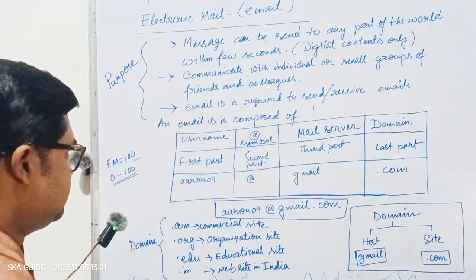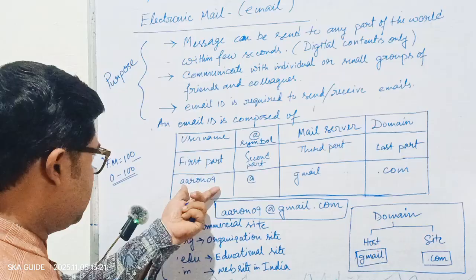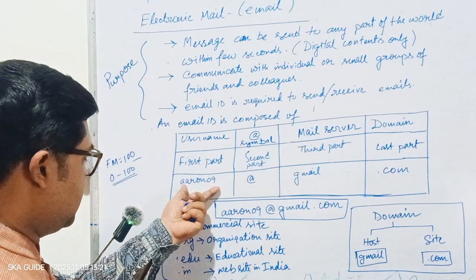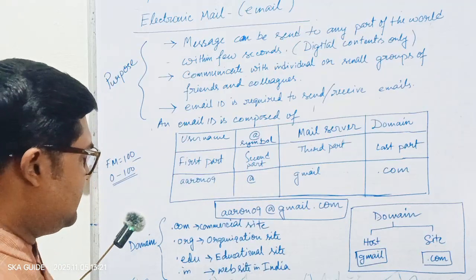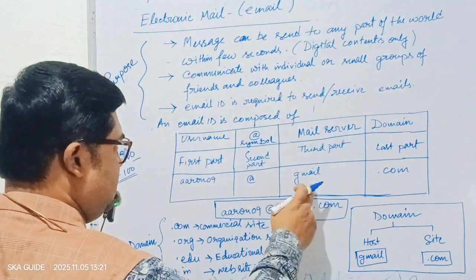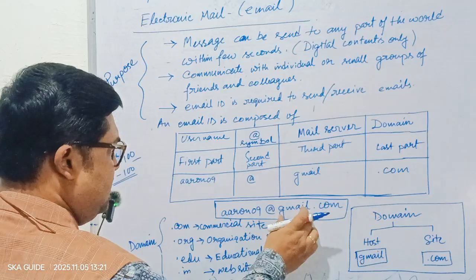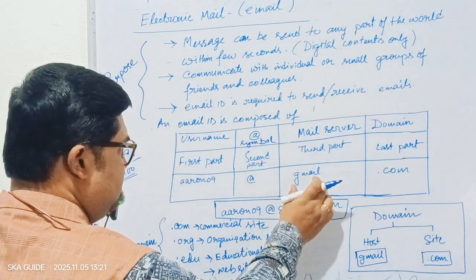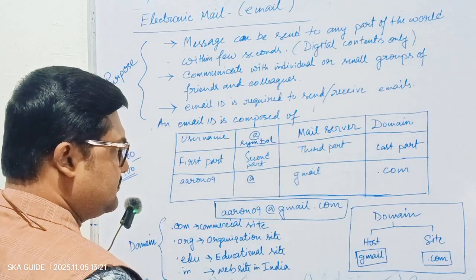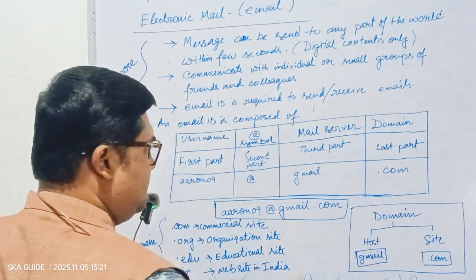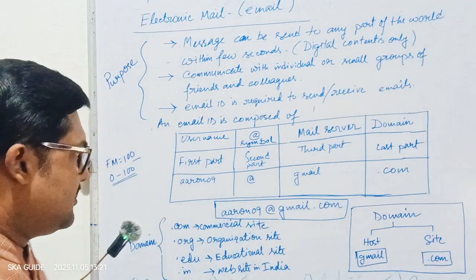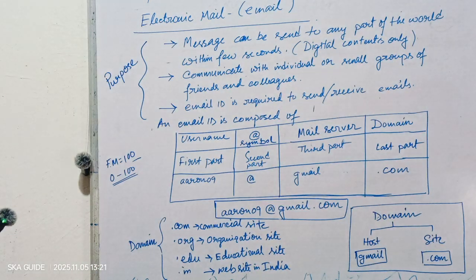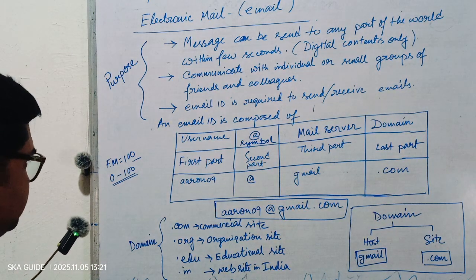This is an email ID. The first part is aaron09, the second part is at the rate, which is separating the first part and the third part, which is Gmail. Gmail is called the mail server, and .com is called the domain. So these are the parts of an email ID.